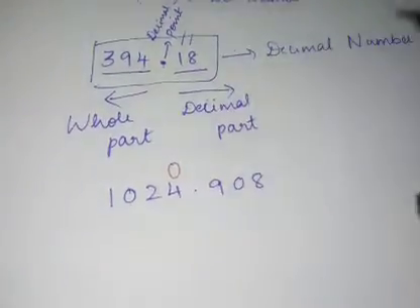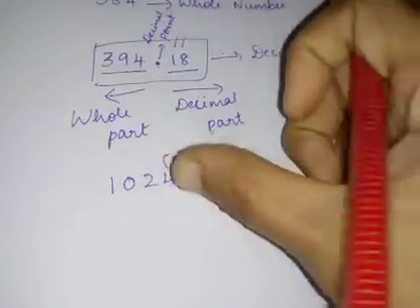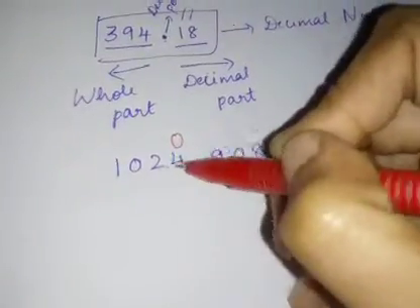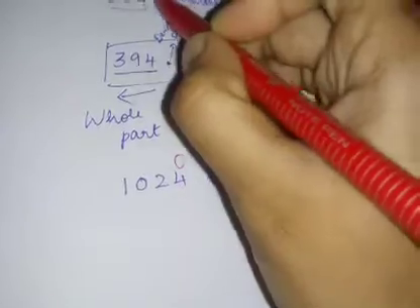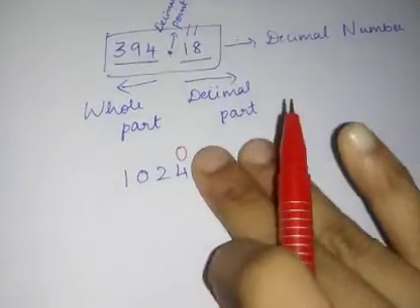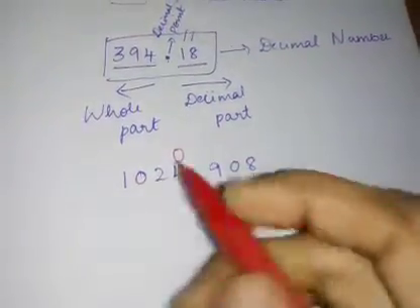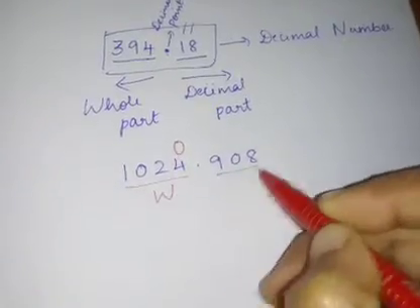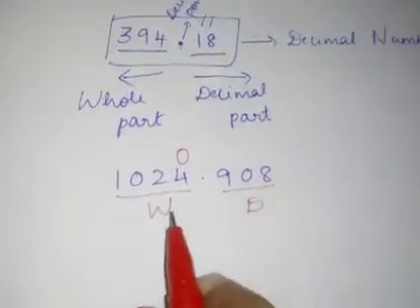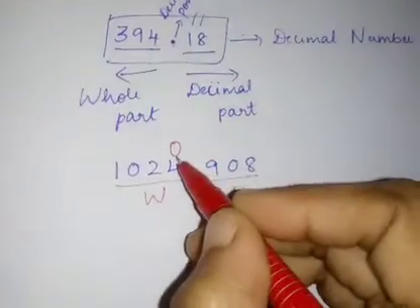First I will write for the whole part. Keep it in your mind. The whole part is nothing but this number, right? There is no extra decimal point. This other number is your decimal part. So for this whole part you have to start here.